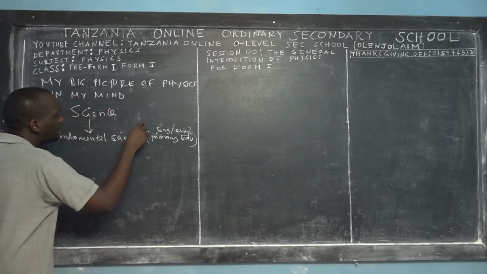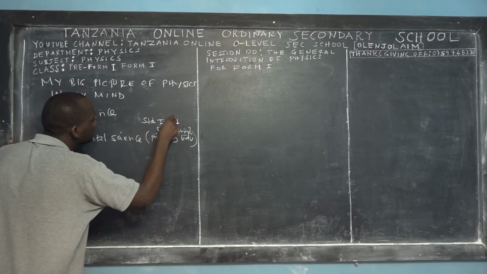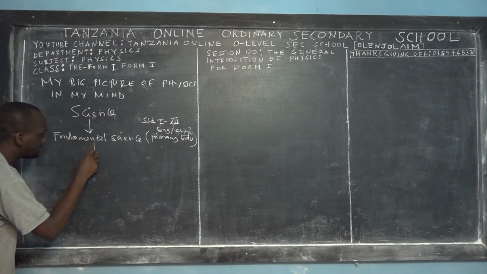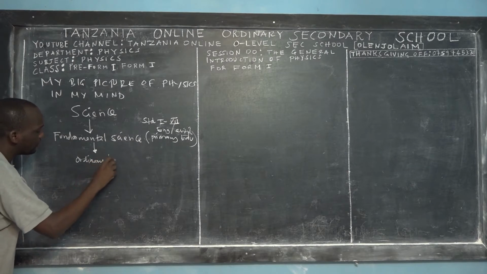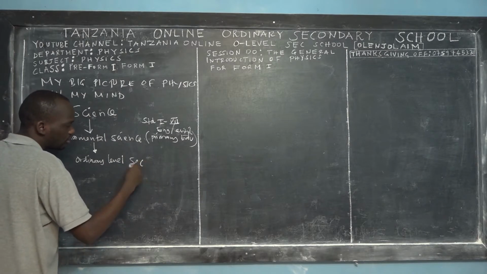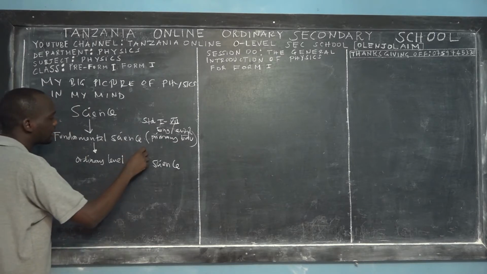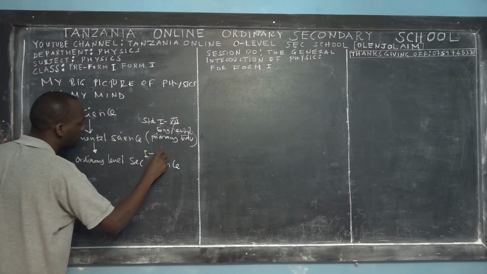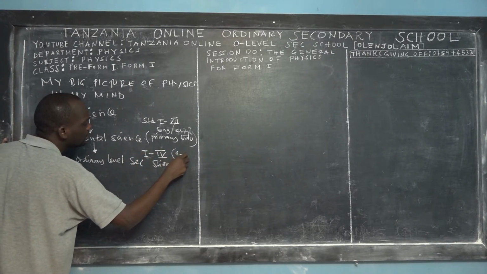So this one we covered in standard 1 up to standard 7. That's what we have covered there. When a student passes the fundamental science and gets into the O level, the ordinary level, secondary science, it is covered from Form 1 to Form 4, or we call it from class 9 to class 12.